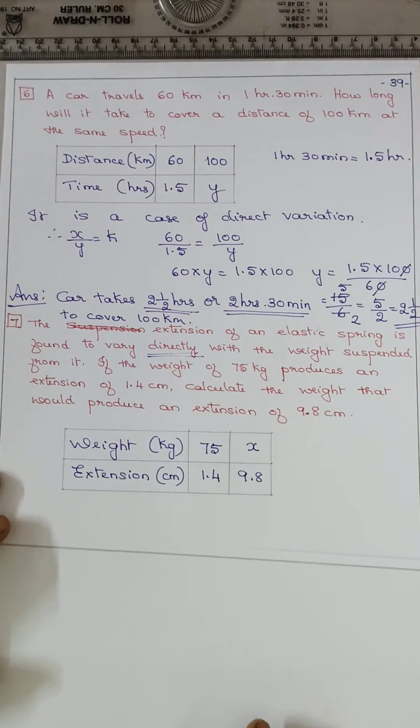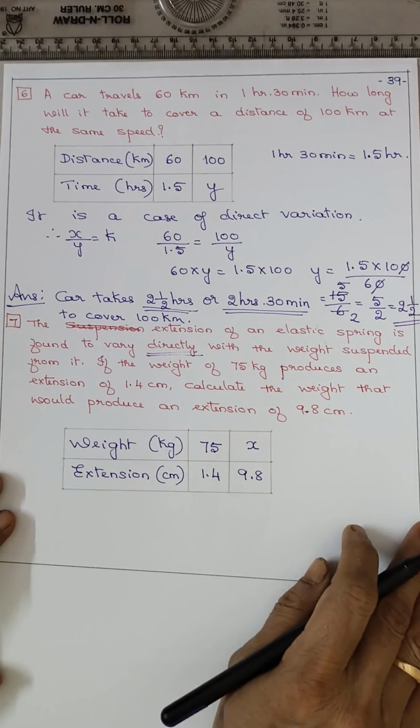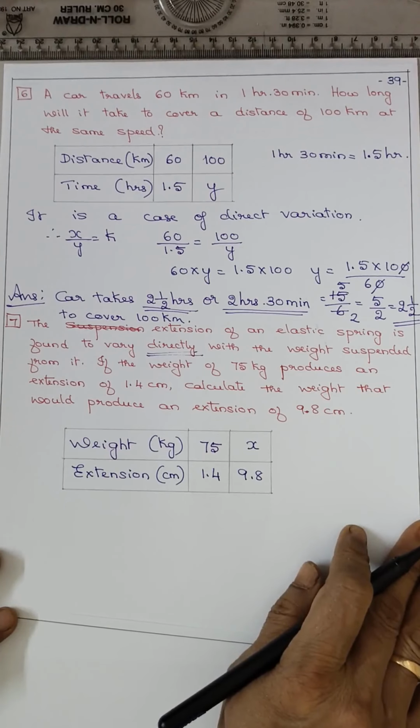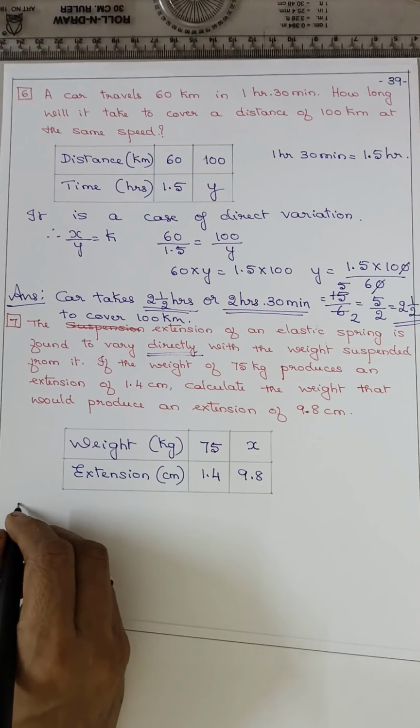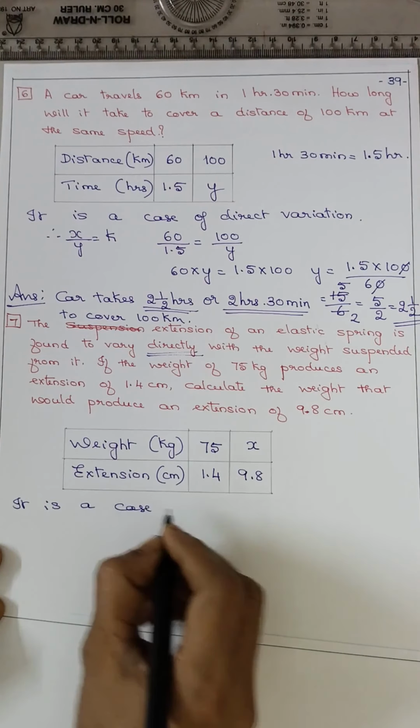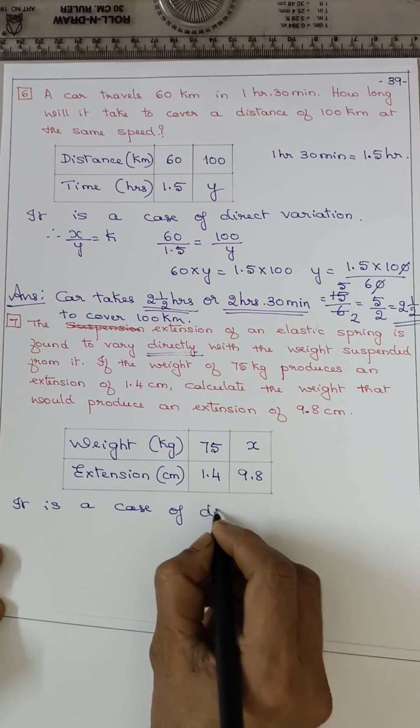ऑलरेडी बोले हैं डायरेक्ट, नहीं तो भी ज्यादा वेट ज्यादा एक्सटेंशन. So it is a case of direct variation.